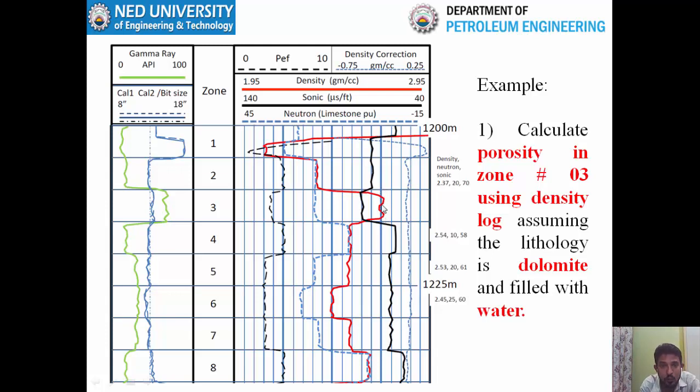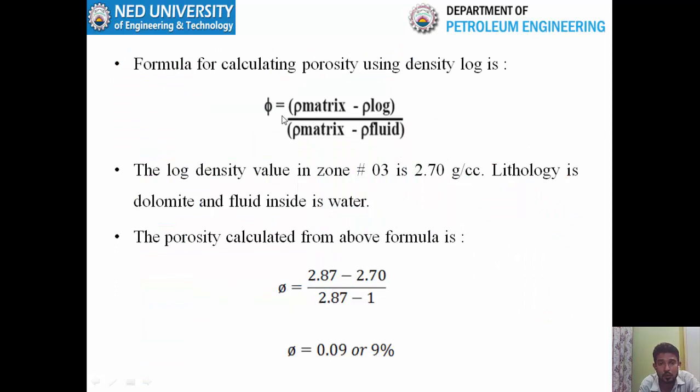So the density value in zone number 3 through the log is 2.70 gram per cc. So you know the formula, you know the matrix type, you know the fluid type, you place all the values in the formula, and the porosity of zone number 3 is 9%. So that's how you calculate porosity through the density log.